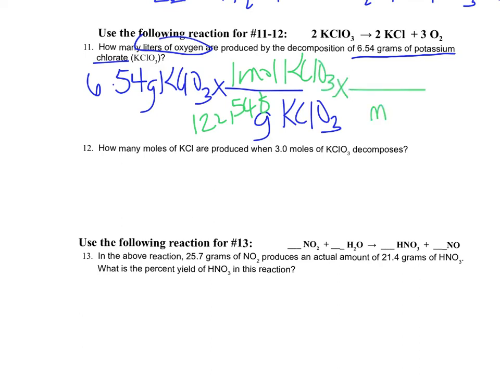Then that means mole of KClO3 will be down here, and 2 moles of oxygen gas that you're asked to solve for. Go back to the balanced equation. In front of oxygen gas is a 3 to balance it. So there are 3 moles of oxygen, and in front of KClO3 was a 2. So there's 2 moles of KClO3.